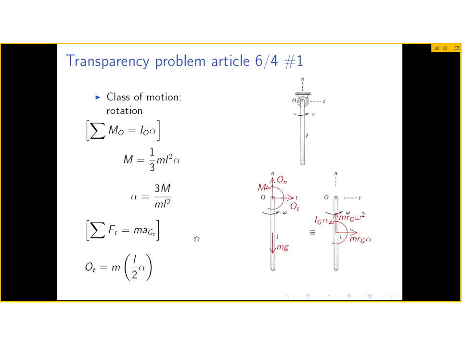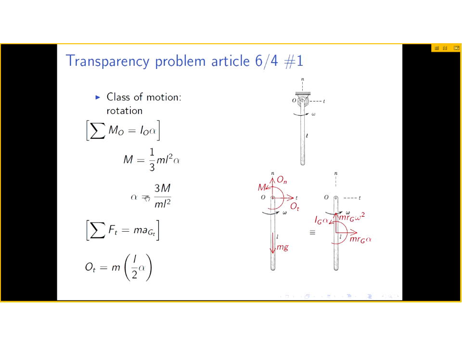So next we apply the force equation in the tangential direction. If you look at the forces in the tangential direction, the only force is O sub t, a component that we'd like to calculate. And that we must equate to the mass times acceleration in the tangential direction, which is only this vector here, m r sub g alpha, and of course r sub g is L over 2, so this gives us this equation here.